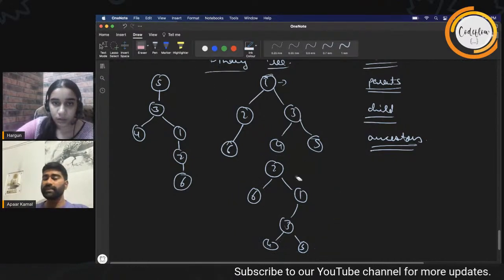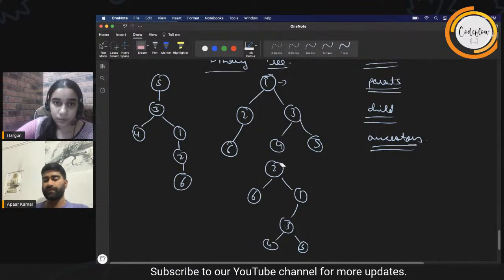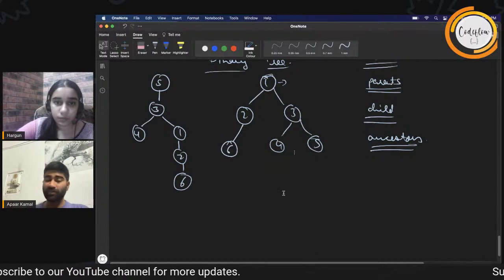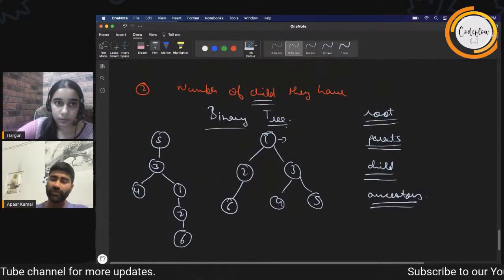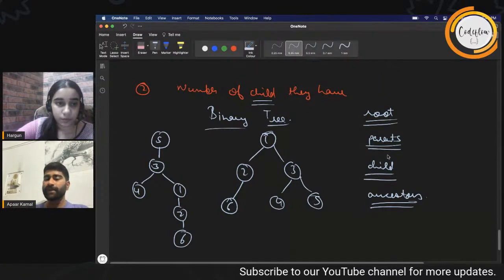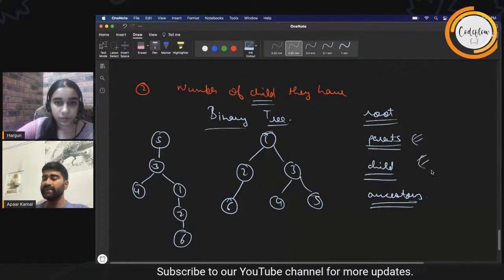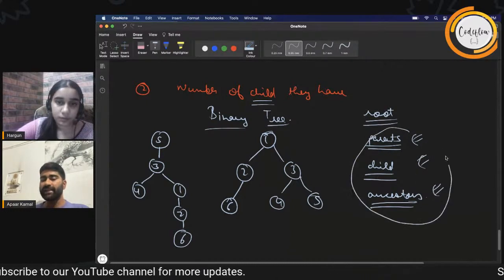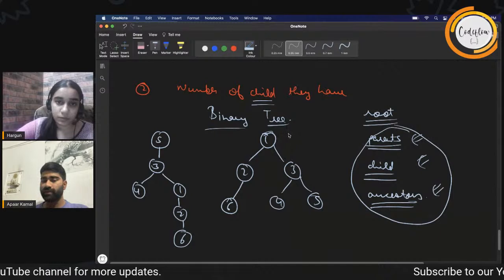The only difference is the root node. So guys, the root node is the most important node of my tree, because the root node tells me what can be parents, what can be children, and what are ancestors. So these properties of parent, child, and ancestor depend on the root node.